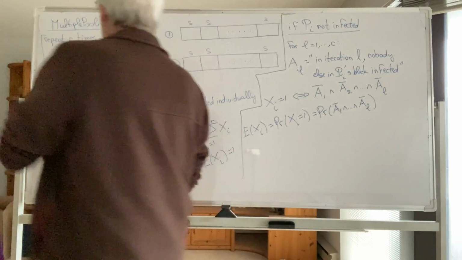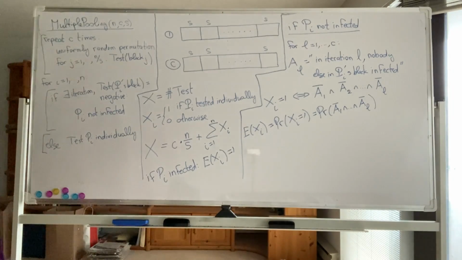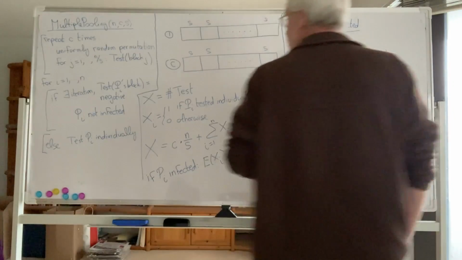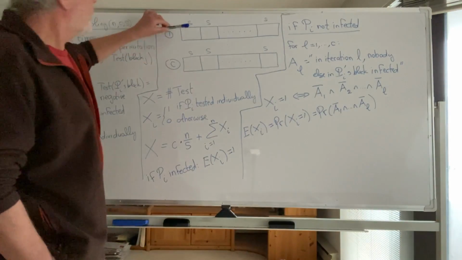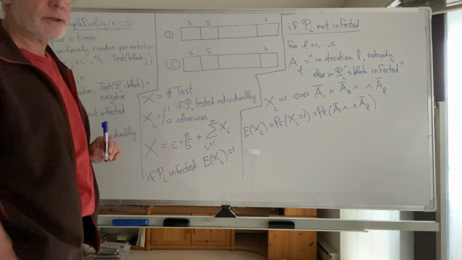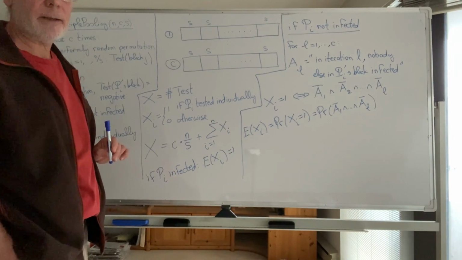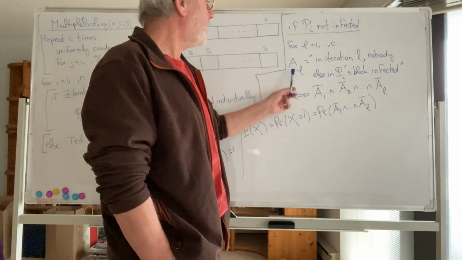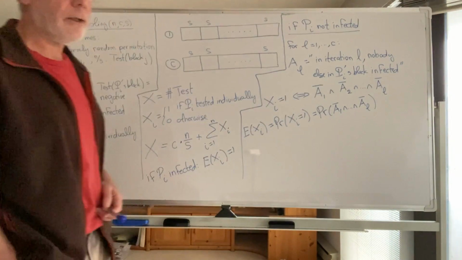And this is true for each of these C times that we go through this here. So that means that all these C many permutations are chosen independently of the others. So here we have events which are really mutually independent.